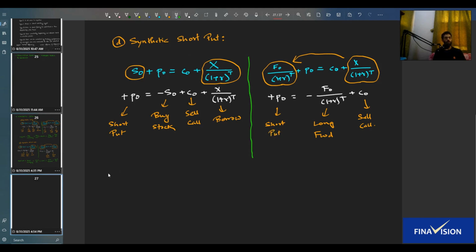So short put is equal to buy the stock, sell the call, and borrow. Buy the underlying plus sell the call and borrow.